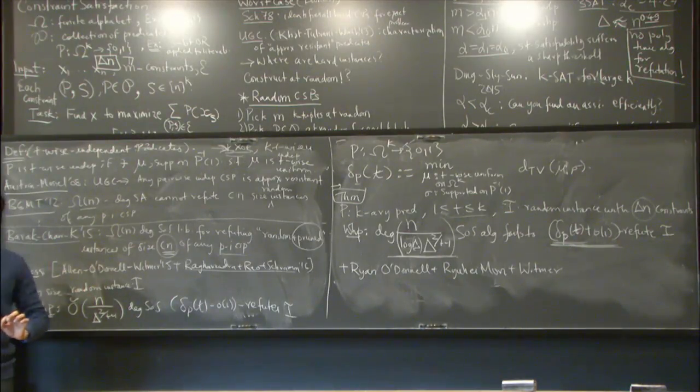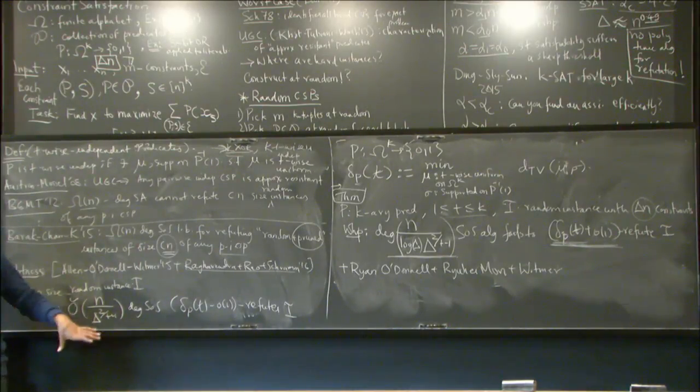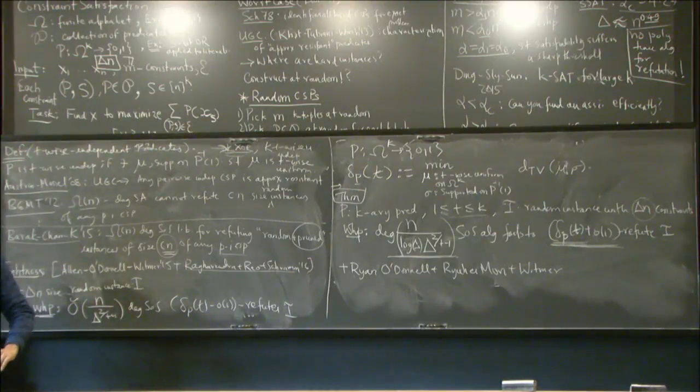It's not approximation. It's this upper bound kind of an approximation which is enough for refutation. For every predicate which is t-wise independent, you can construct a degree t polynomial. Even though it's a degree k polynomial, you can construct a degree t polynomial which is a good enough upper bound on it. So instead of trying to upper bound this polynomial, which is naturally a degree k polynomial, the number of constraints satisfied, you upper bound the degree t polynomial, and then you pay in terms of the degree there.